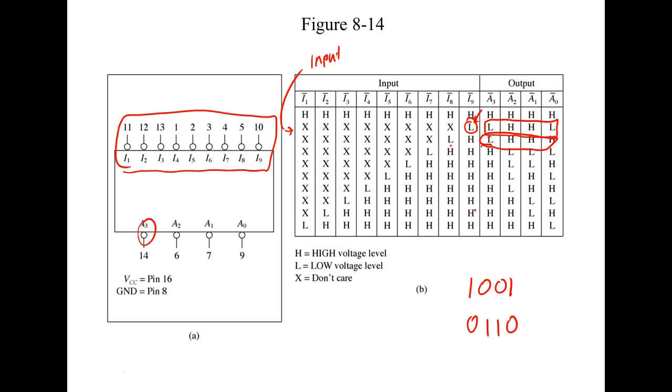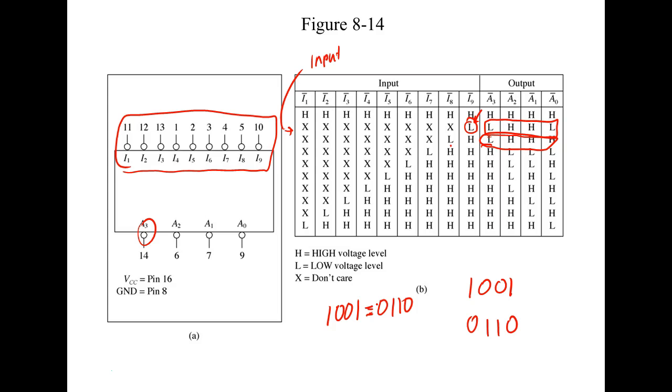So that means it's true when it's low, right? So what we're saying is we see a 9 like this, but the output is inverted. So this is going to output this code right here that represents a what? A 9. That makes sense?